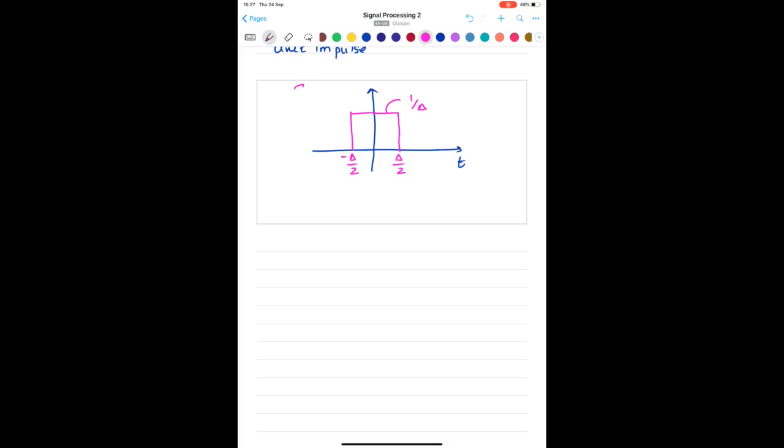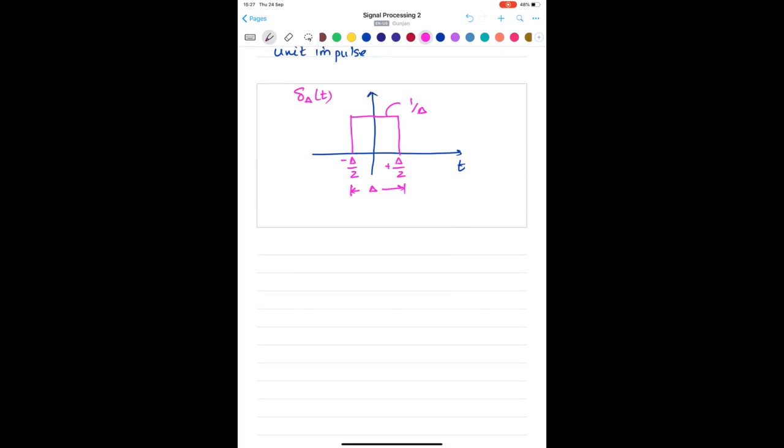We denote it by delta of t. It's basically an impulse of width equal to delta, and it extends from minus delta by 2 to plus delta by 2, and the height of this is equal to 1 upon delta.